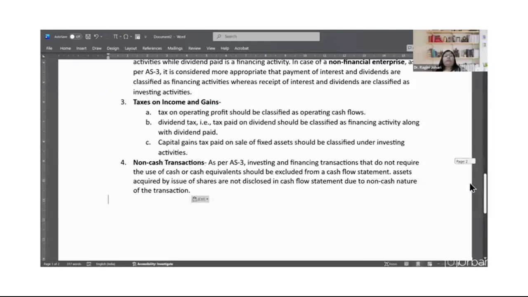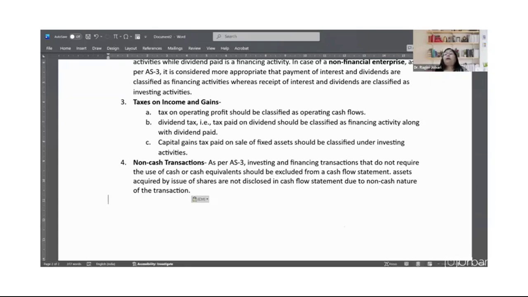Then we talk of the third one, that is tax on income and gain. From the company's perspective, the company pays tax as income tax. Then if the company is distributing dividend to its shareholders, it has to pay tax on that dividend, also called dividend tax.